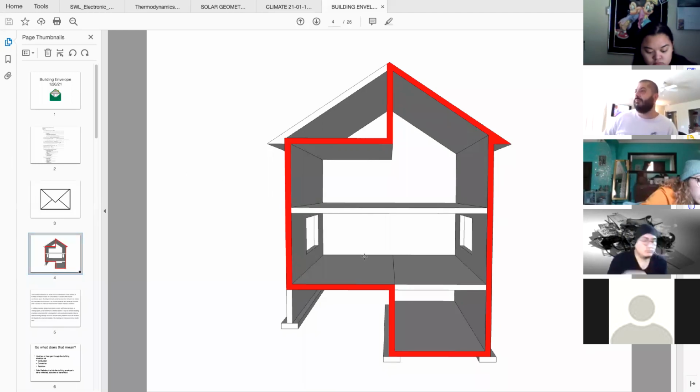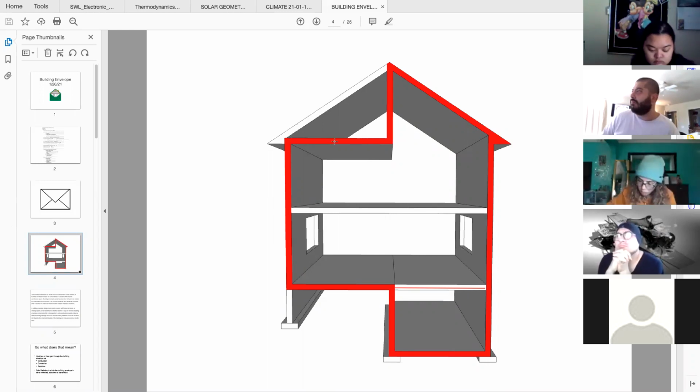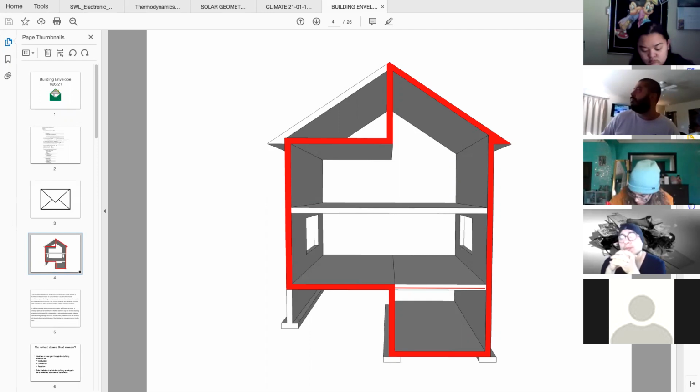So if the basement were not part of the envelope, as in not heated or cooled, the envelope would stop right there. In this case, the attic space is not being heated and cooled, and therefore it is not included in the building envelope, but the interior 2-story space is. Get rid of my line, okay.